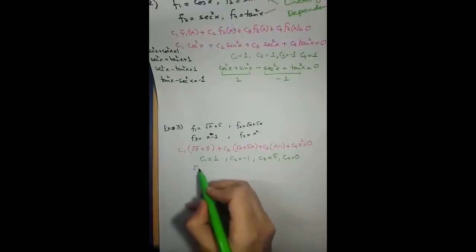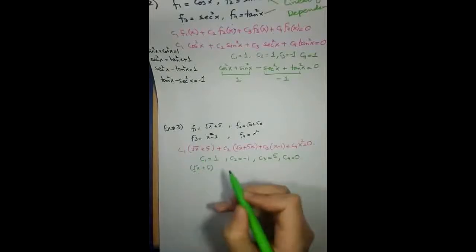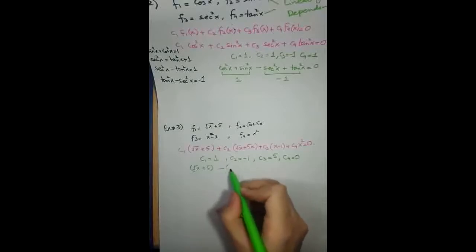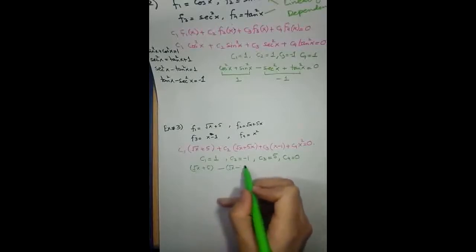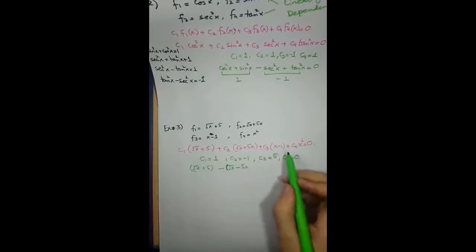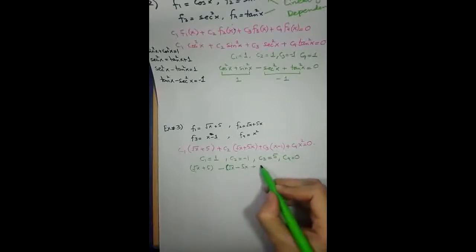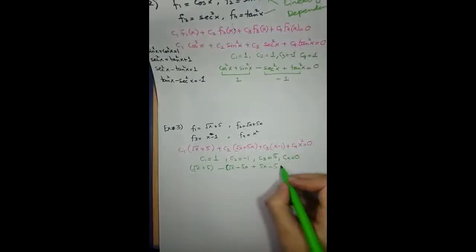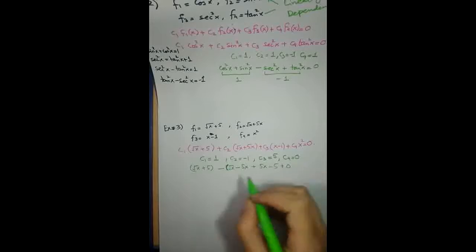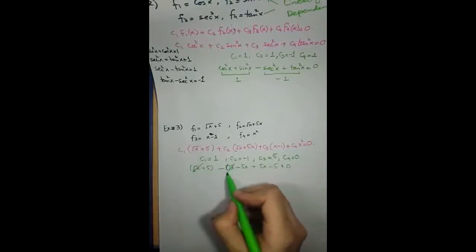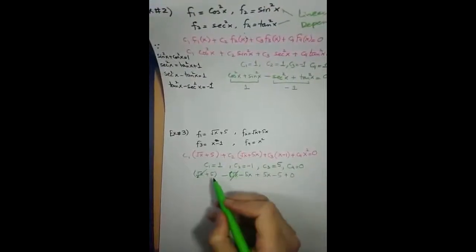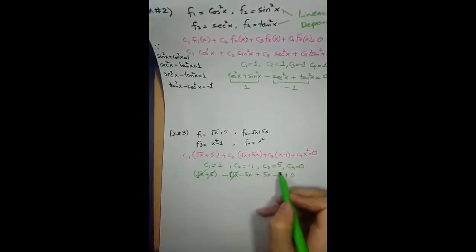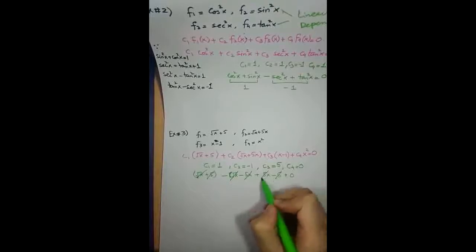Plus x, this, minus under root x, minus 5x, right? c3 now here is 5, so it becomes 5x minus 5 multiplied both sides plus 0 into x square, plus under root x minus under root x plus 5 minus 5 minus 5x plus 5.